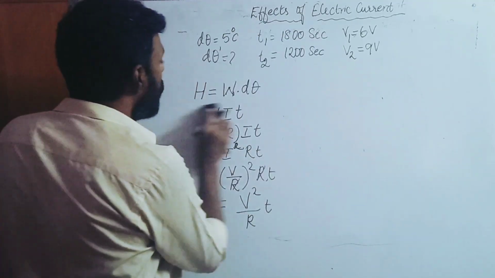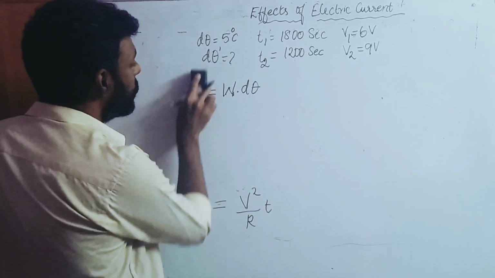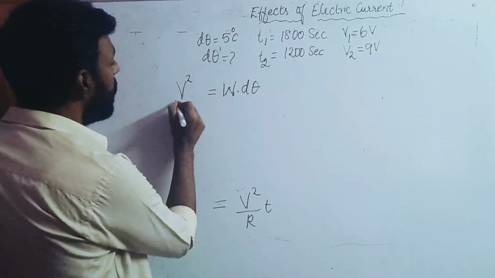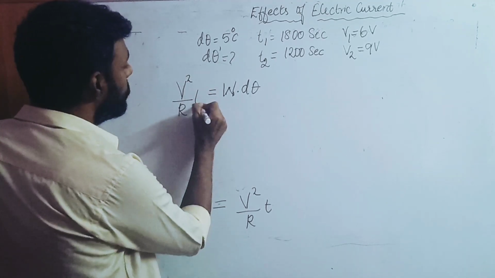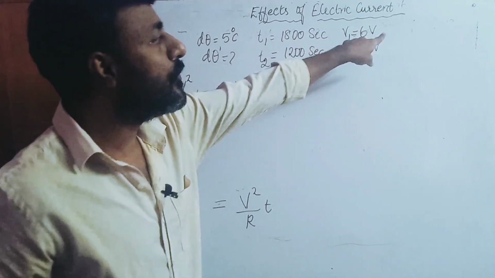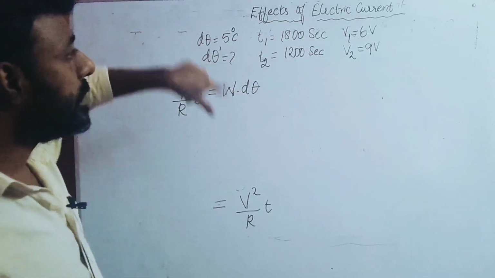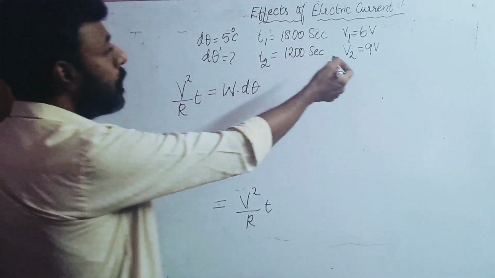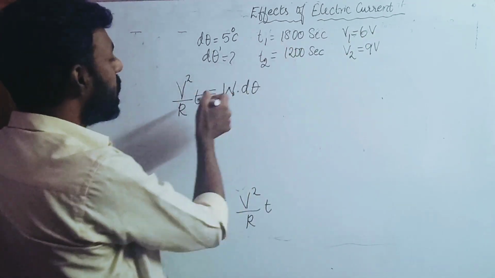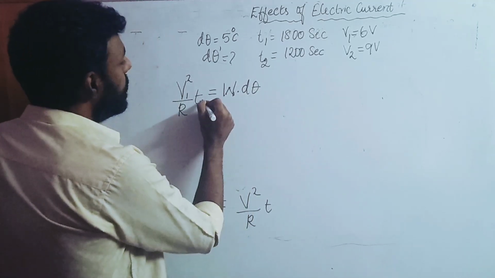Okay, so I'm substituting here. Instead of H, I'm using V squared divided by R into T, which is nothing but W into d theta. In the first set of experiment, I have V1, T1 and d theta, so I'm going to substitute V1 instead of V and T1 instead of T. It will become V1 squared and T1.